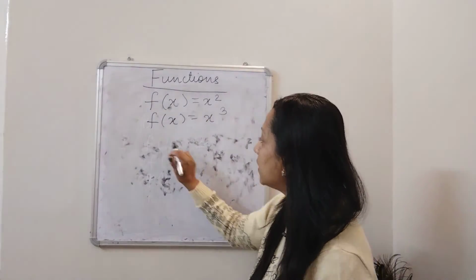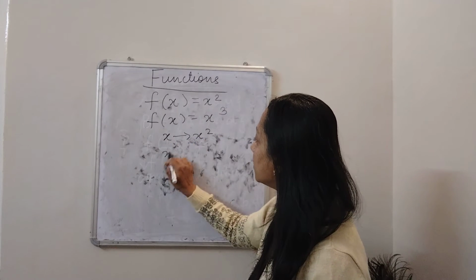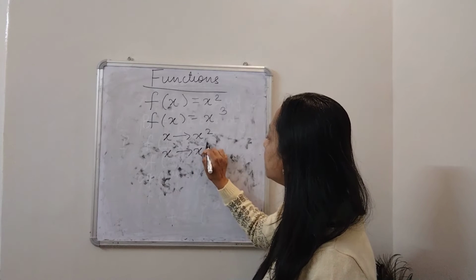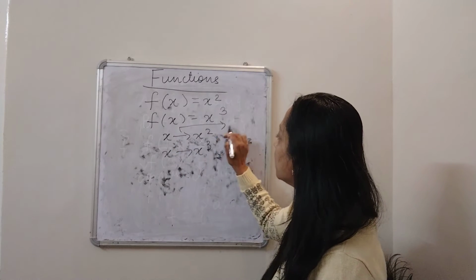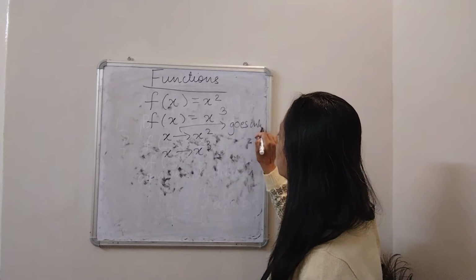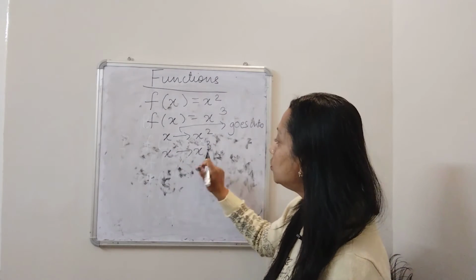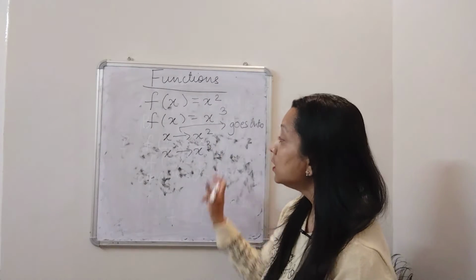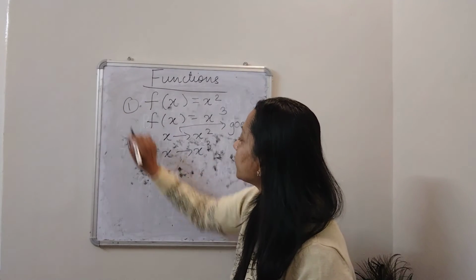Now the same functions can also be written like this. This symbol stands for goes into, so this is read as x goes into x squared, x goes into x cubed.